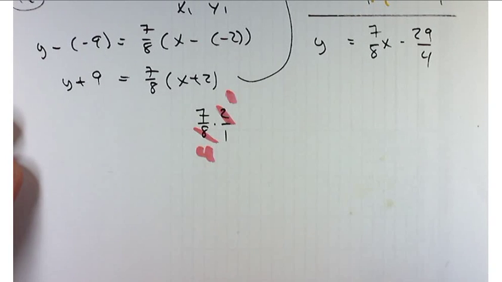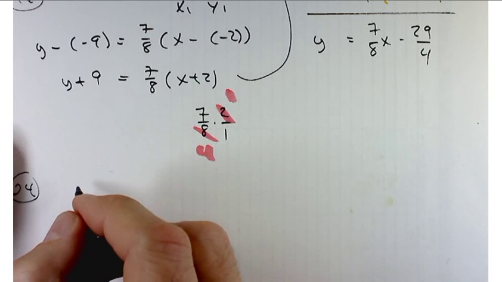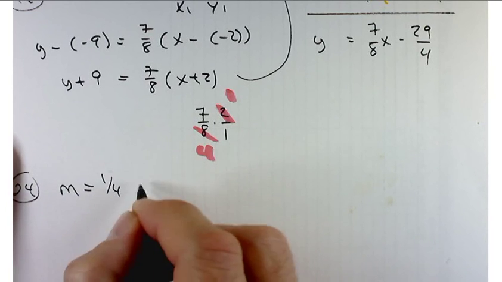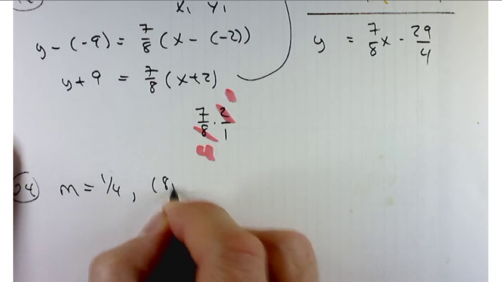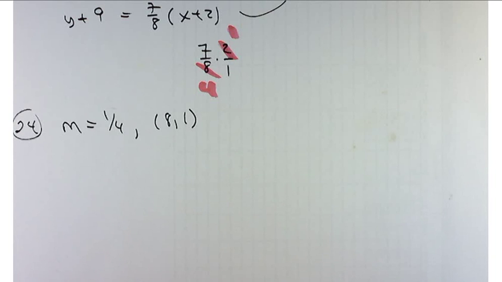Let me give you one to try. Problem number 24. The numbers here are a little bit friendlier. You are going to have to work with fractions a little bit. That's okay. Slope is 1/4.